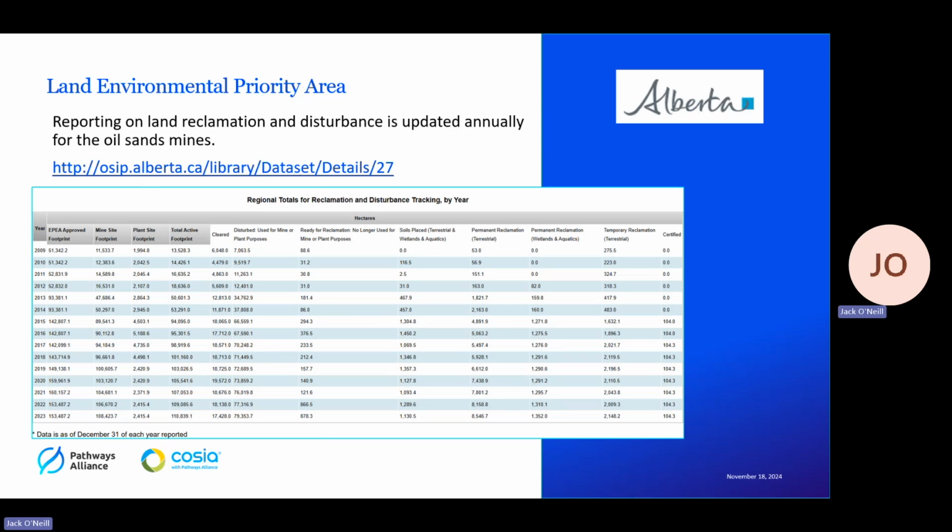So every year there's a posting of information here that deals with the mine footprint and the plant sites of the footprint, and the amount of cleared area, the amount of area that's ready for reclamation, the amount of area within these project sites that is permanently reclaimed in the terrestrial space, and then the wetlands aquatic space.